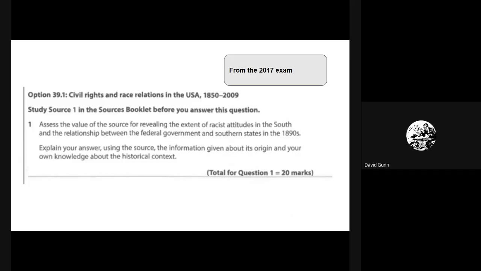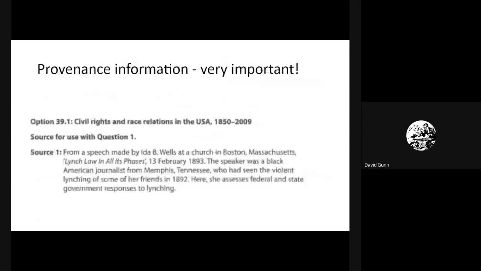Plessy versus Ferguson is the big one, but we've also got cases like Mississippi versus Williams, Cumming versus Board of Education. You could also talk about the end of Reconstruction, 1877, etc. So that's the own knowledge. That's the level of detail, I think, at that point. So they're the 2 inquiries with some own knowledge.